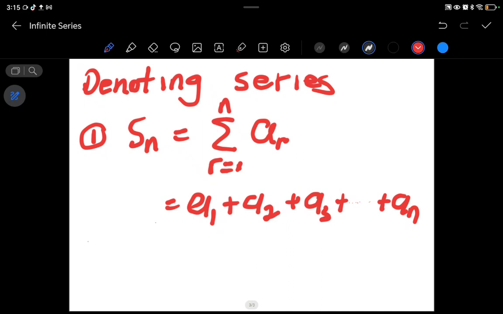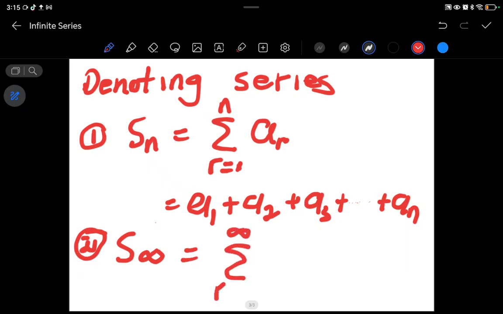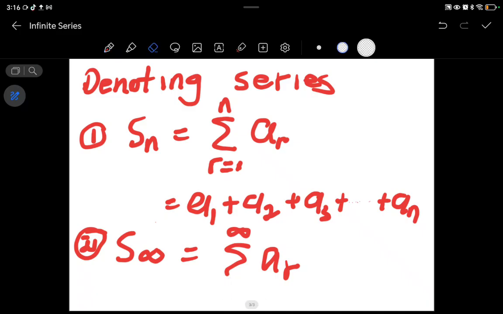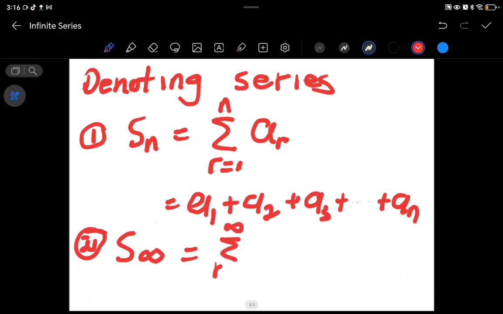And then we come and talk about S of infinity. This would be the sum from R equals 1 to infinity, and this would be A1, A2, A3, and so on.